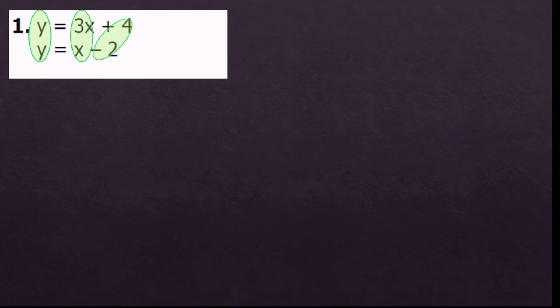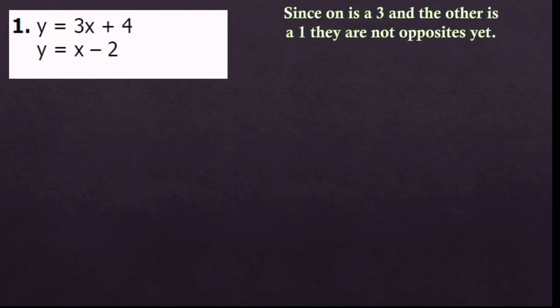So now that we have that, we are going to look, and I'm going to eliminate the x's. That's just my choice. Since the first equation has 3 and the other one has 1 as coefficients, they are not opposite yet. They're not the same.